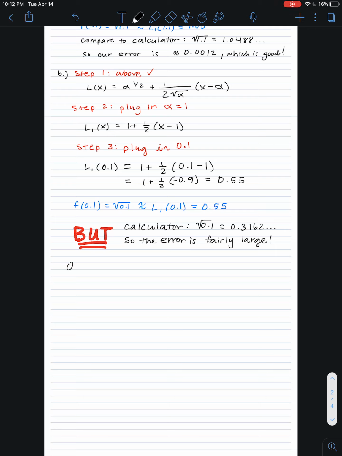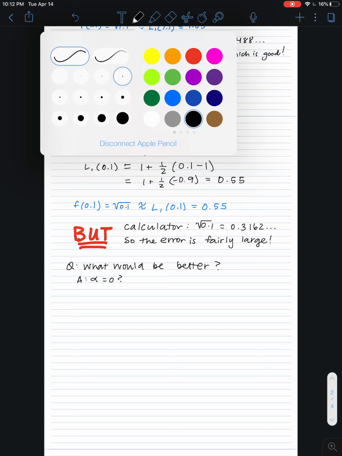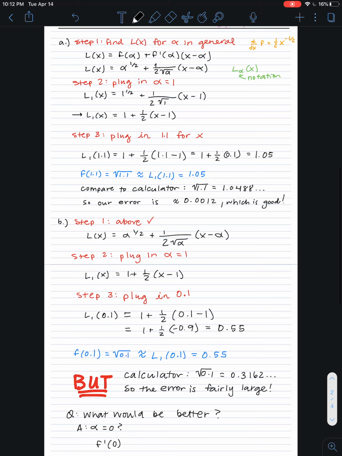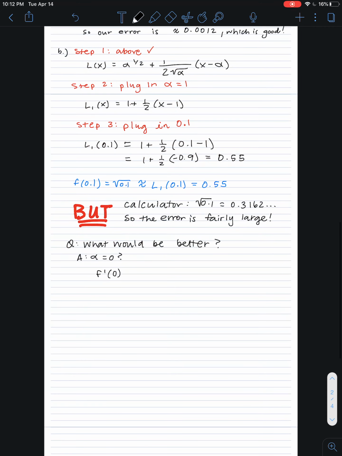And a question we can ask ourselves is, what would be a better way to estimate it? A possible answer is we could let alpha equal 0, but if we think about this, f prime of 0, which we would need to calculate, because remember we need f prime of alpha, f prime of 0 is equal to 1 over 2 times the square root of 0.